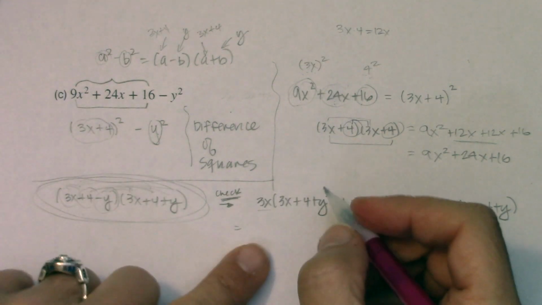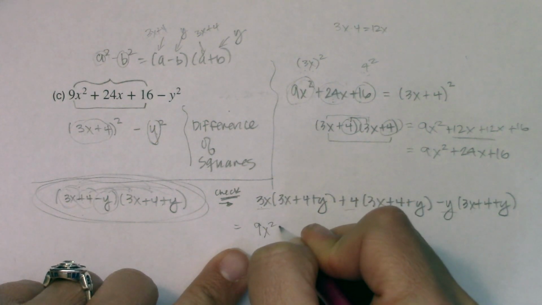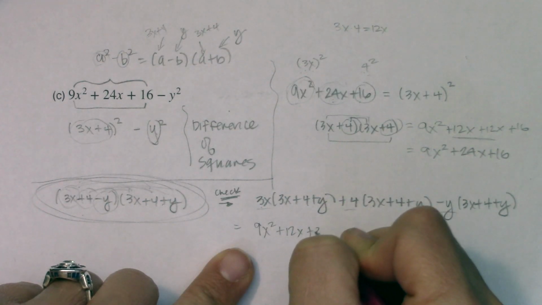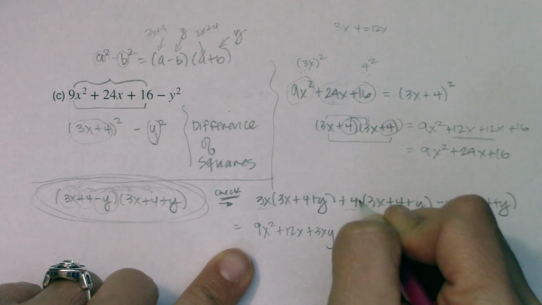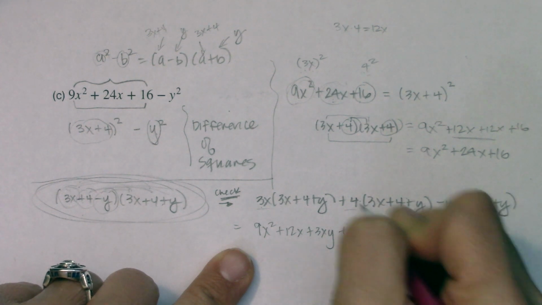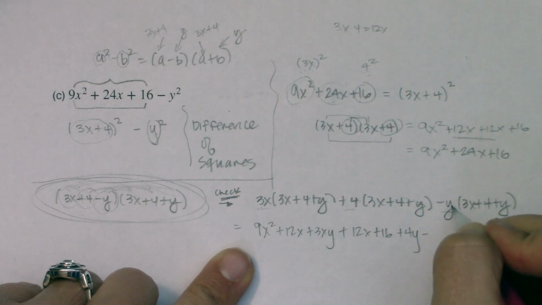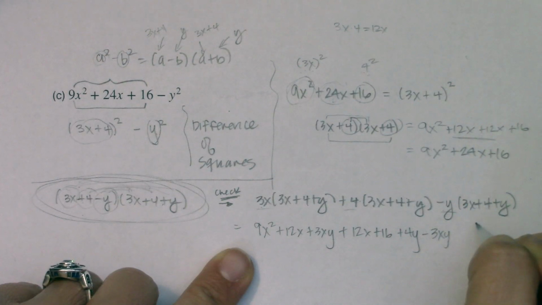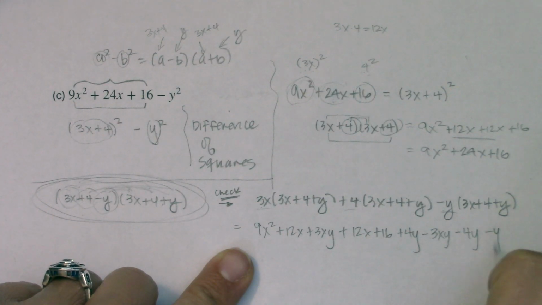Let's keep distributing. 3x times 3x, 9x squared. 3x times 4, 12x. 3x times y, 3xy. 4 times 3x, 12x. 4 times 4, 16. 4 times y, 4y. Be careful distributing the negative. Negative y times 3x, negative 3xy. Negative y times 4, negative 4y. Negative y times y, negative y squared.